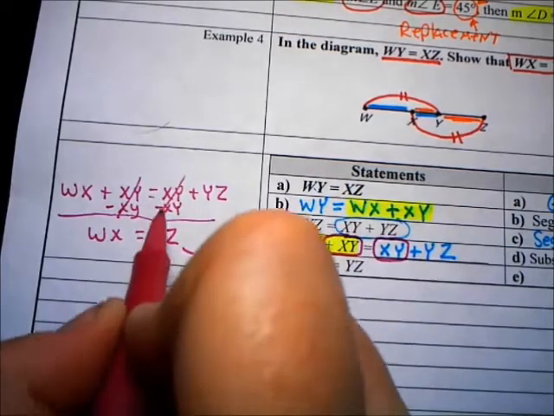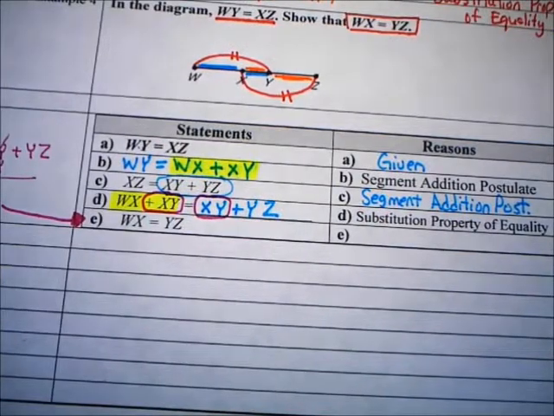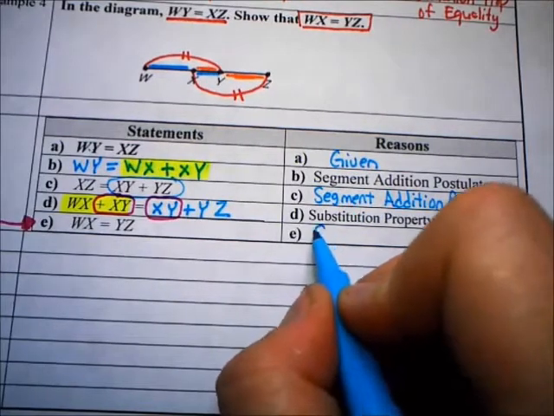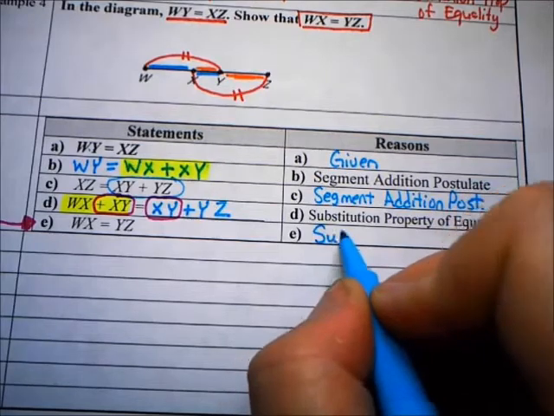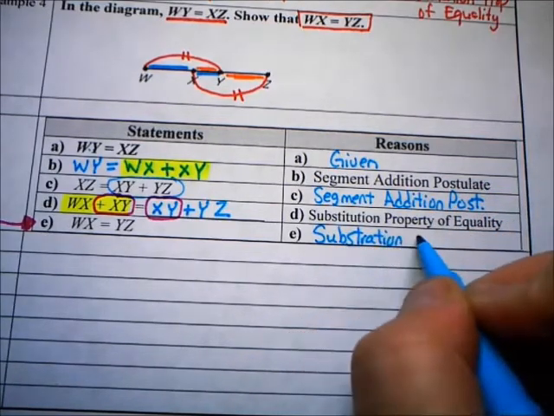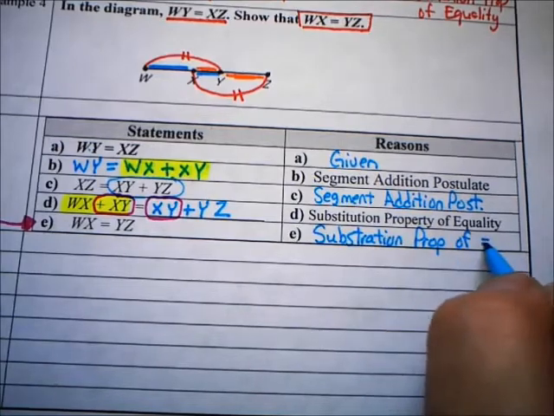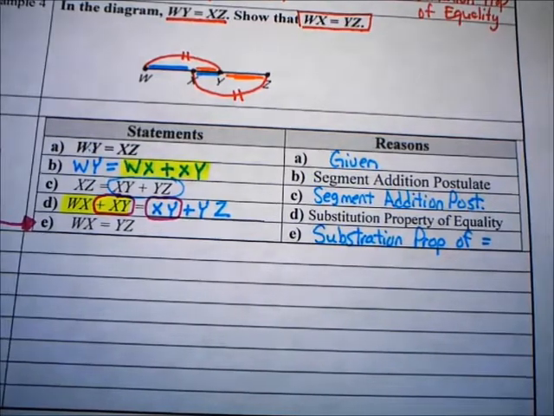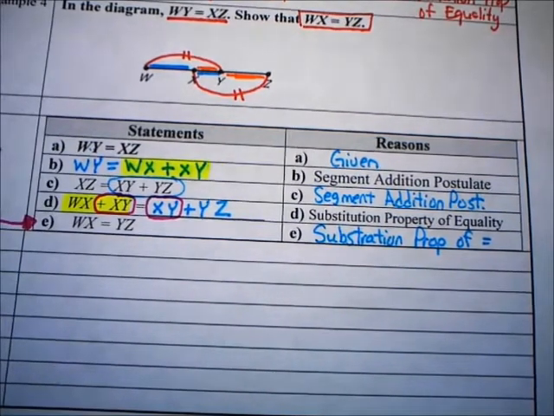This operation that I did right here was I subtracted the segment. So in my reasoning, it is the subtraction property of equality.